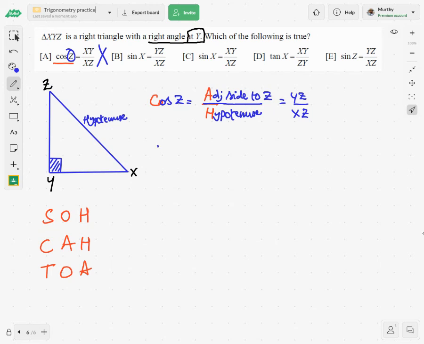Next one is sin X. SOHCAHTOA, so SOH. Here O means the opposite side. Don't forget to write the letter. So opposite side to angle X over hypotenuse.